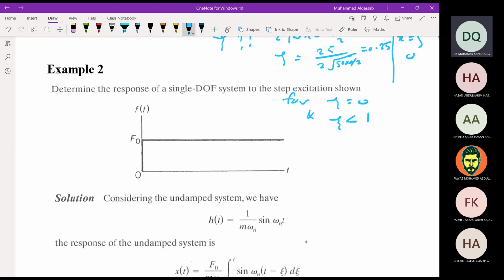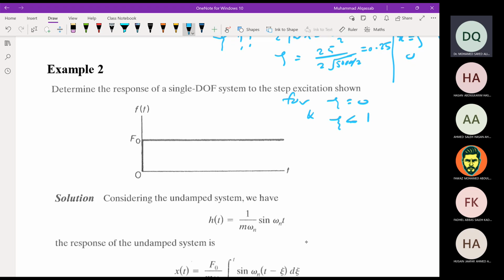Cosine omega n t minus t, which is cosine 0, minus cosine omega n t minus 0, because I'm substituting for eta. So this becomes F naught over m omega n squared, which is k, and cosine 0 is 1, minus cosine omega n times t. Okay, this is the response. This is for all time.